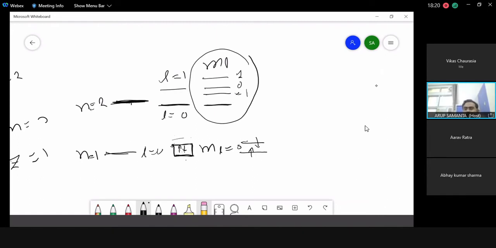Each of these under a magnetic field can accommodate 2 electrons, spin up and spin down. So each will split into 2 levels.